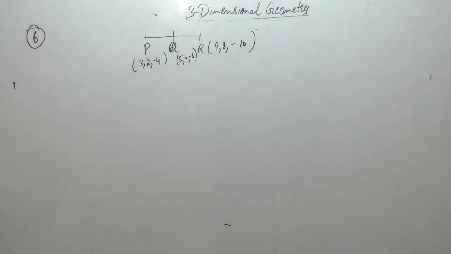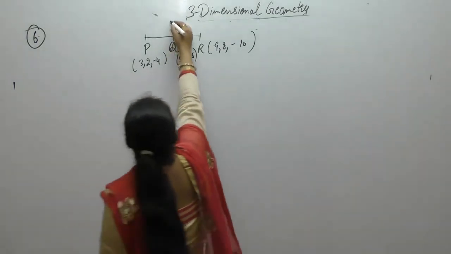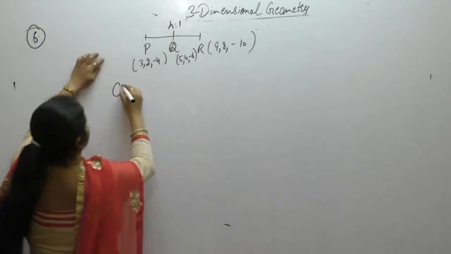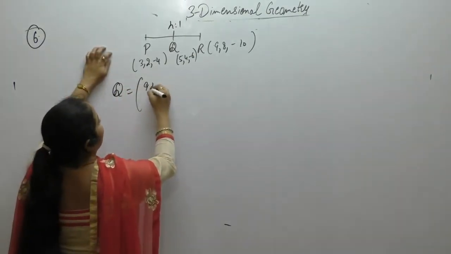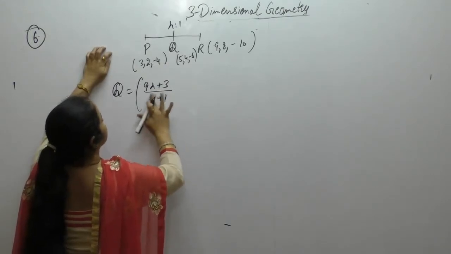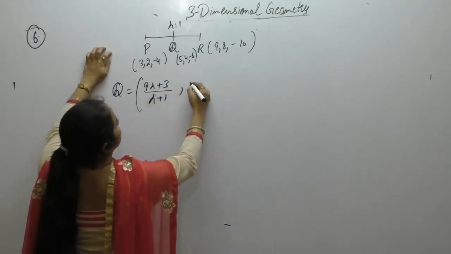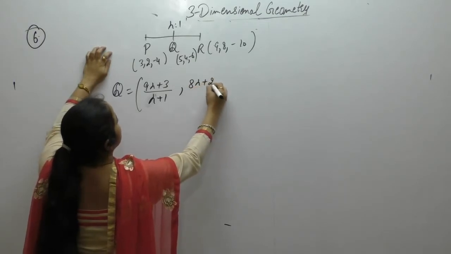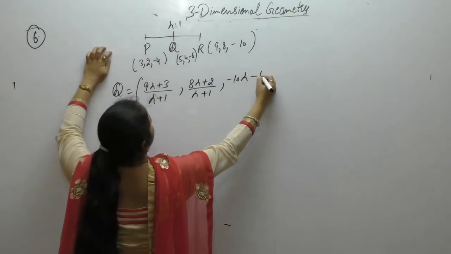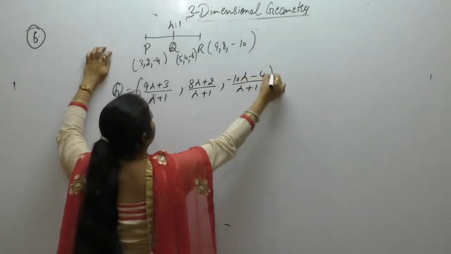Suppose Q divides PR in the ratio lambda ratio 1. Then coordinates of Q will be 9 lambda plus 3 upon lambda plus 1, 8 lambda plus 2 upon lambda plus 1, minus 10 lambda minus 4 upon lambda plus 1.